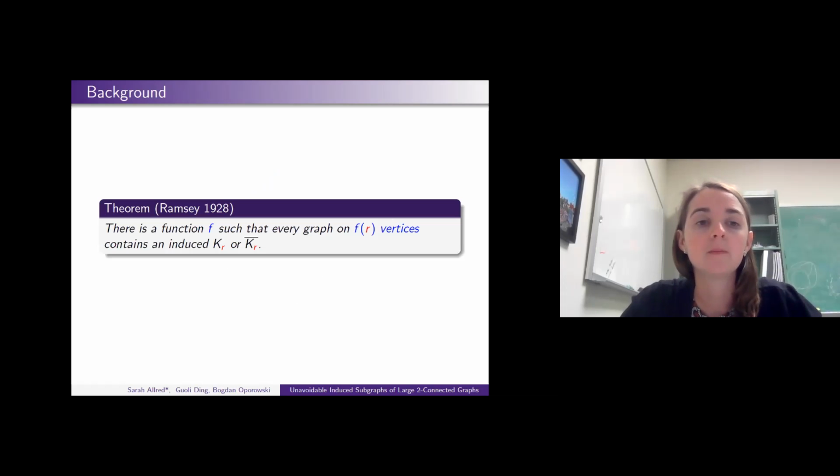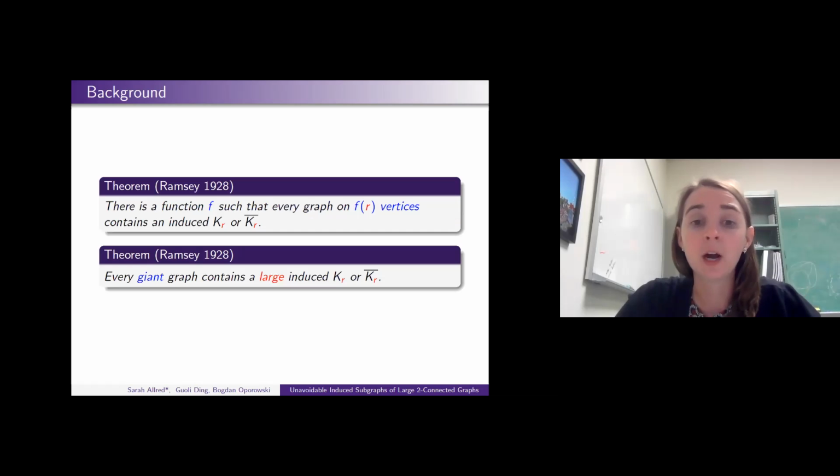All right, so that gets us to the motivation for what we're doing. Ramsey's theorem says there is a function f such that every graph on f of r vertices contains an induced complete graph or complement of a complete graph. We're going to think of r as our target order. A theorem of this type says that every giant graph contains a large induced complete graph or complement of a complete graph.